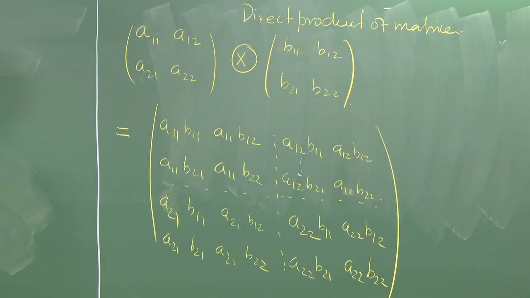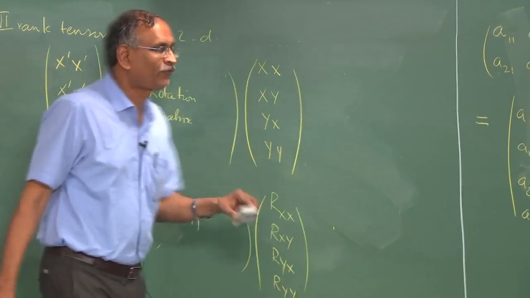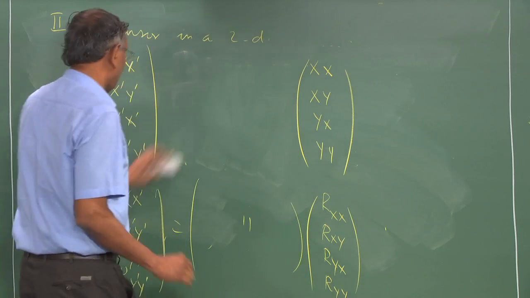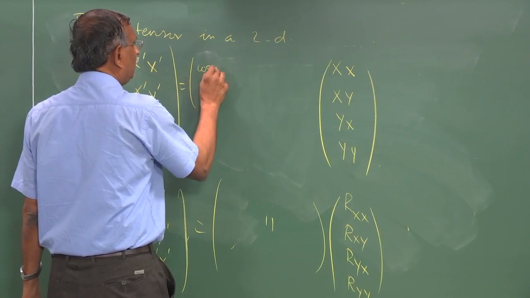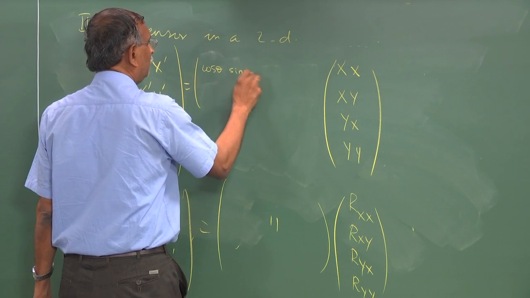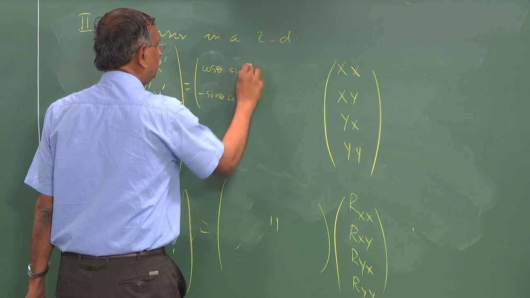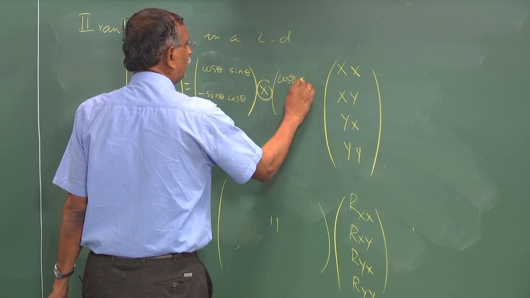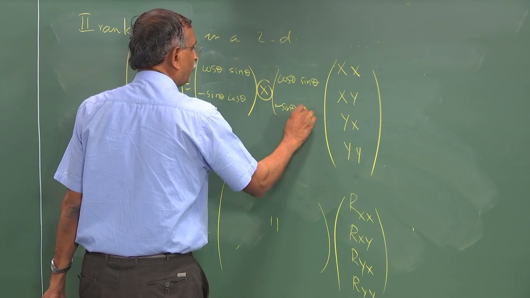Now, what you have to do in order to get this rotation matrix is to do the direct product of the two rotation matrices that you had, namely the rotation matrix cos theta, sin theta, minus sin theta, cos theta, direct product of cos theta, sin theta, minus sin theta, cos theta.